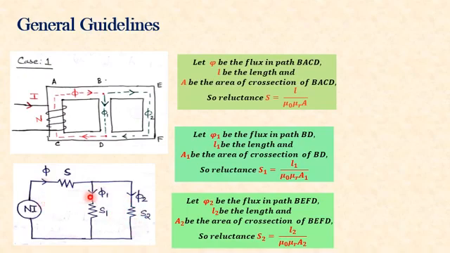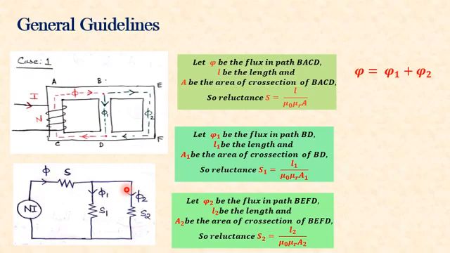So from this figure, it is clear that the total flux phi is equal to phi 1 plus phi 2. So that is the first equation. Then what we can say? Phi 1 S1 is parallel to phi 2 S2. So if two paths are parallel, their MMF will be same.